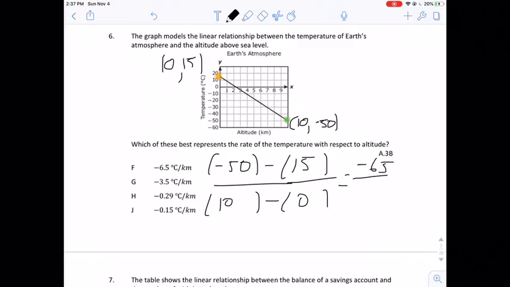And then 10 minus 0 is going to be 10. And when you divide negative 65 by 10, you're going to get negative 6.5. Okay, and I look at that negative 6.5 and look at it right here, negative 6.5.